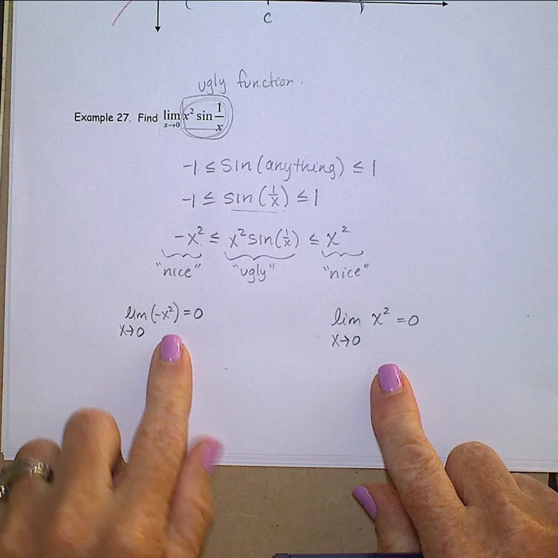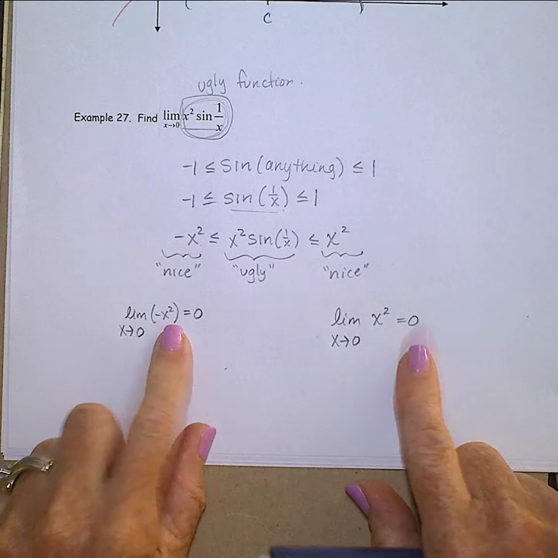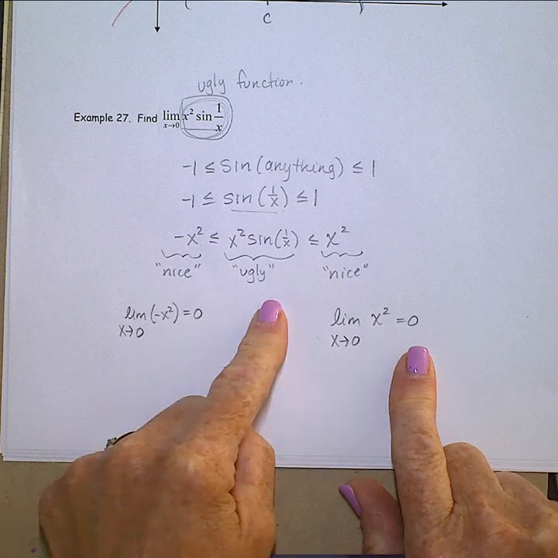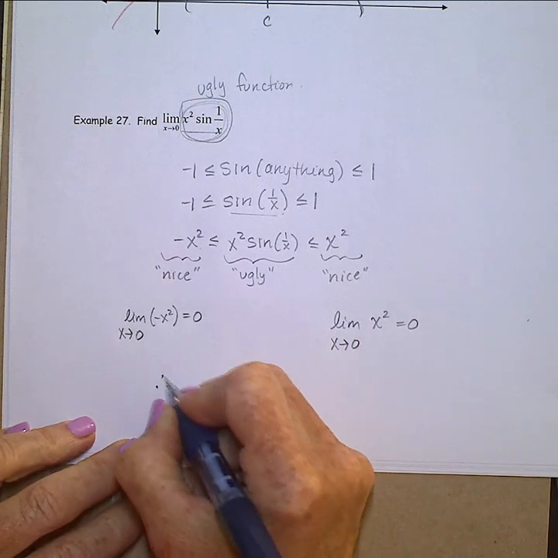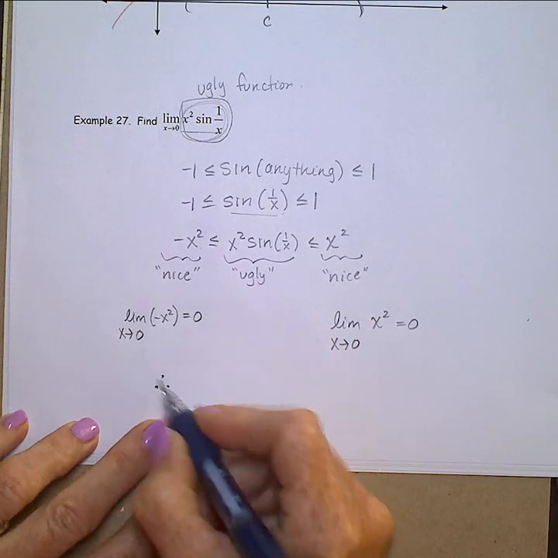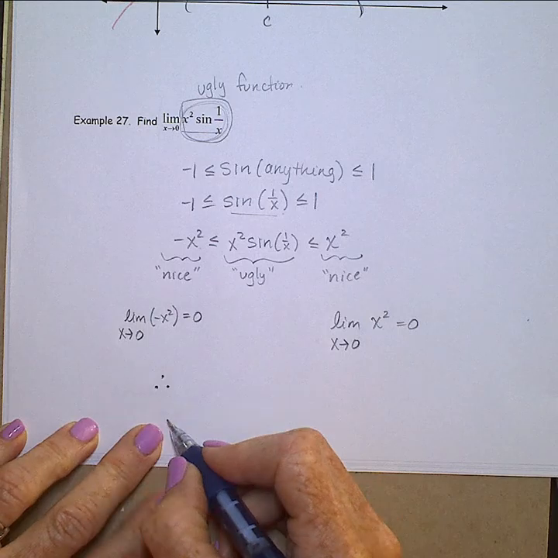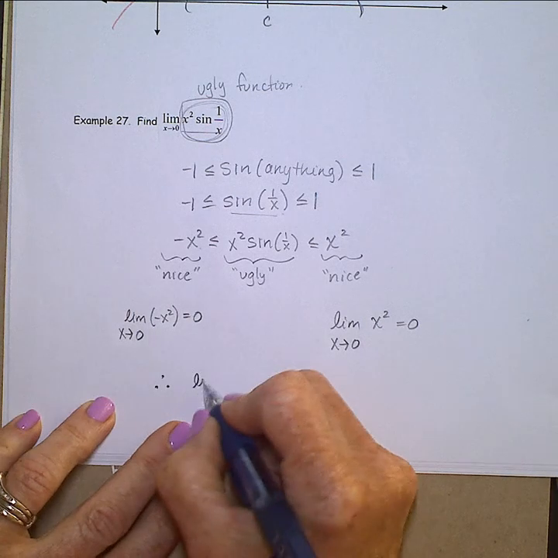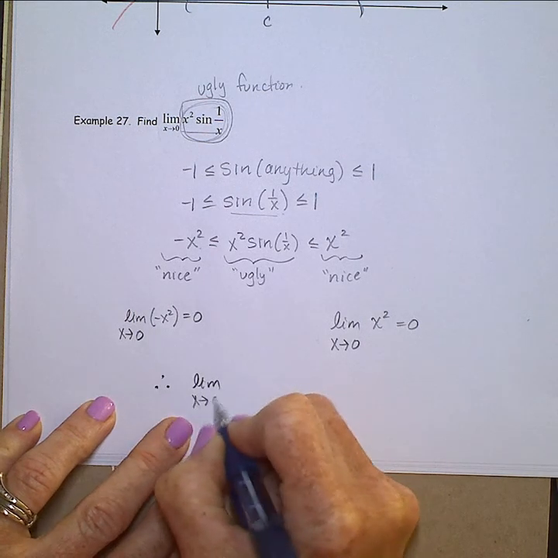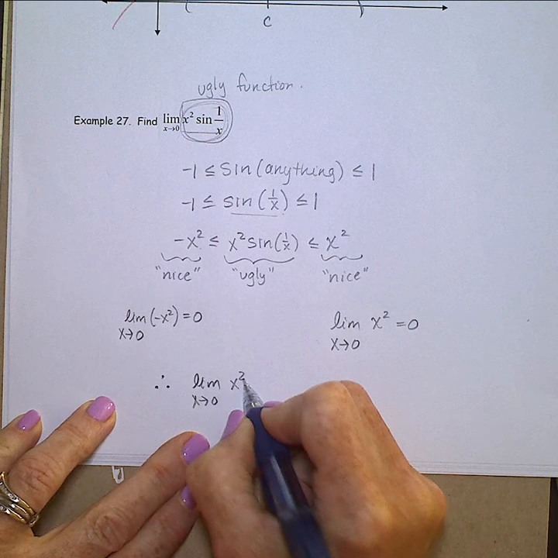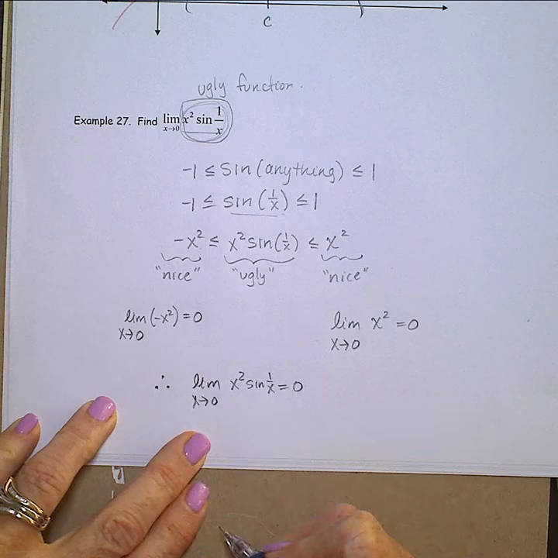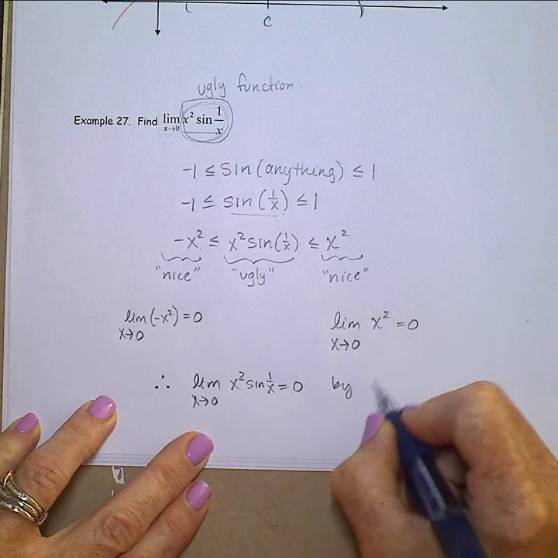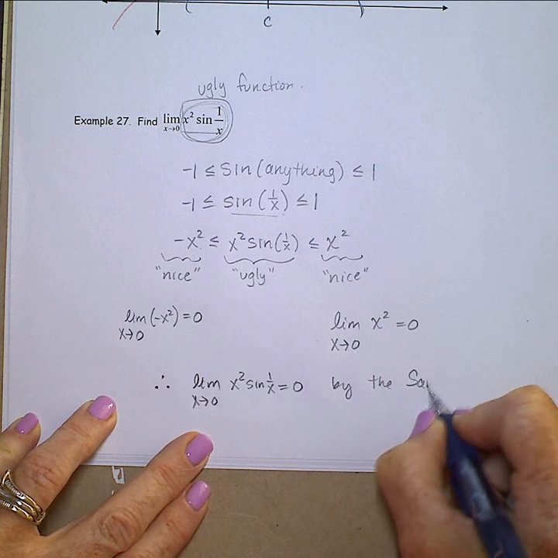Since the limit as x approaches 0 of our two nice functions was 0, and this ugly one is fitting in between, therefore, you guys know this triangle, 3 dots, therefore, the limit as x approaches 0 of x squared sine 1 over x is also 0 by the sandwich theorem.